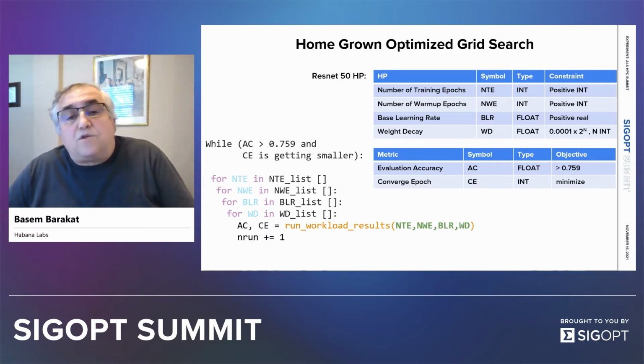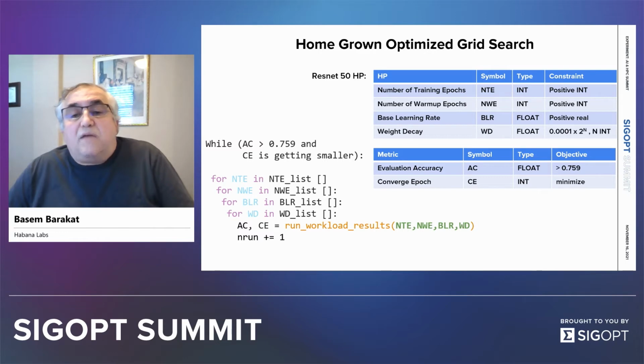Now, what we measure is what SigOpt calls the metrics or the response. We measure the evaluation accuracy, and this is also a float. So it's a percentage, or a fraction, you could think about it. And as the MLPerf standard, it has to be larger than 0.759 for ResNet 50.